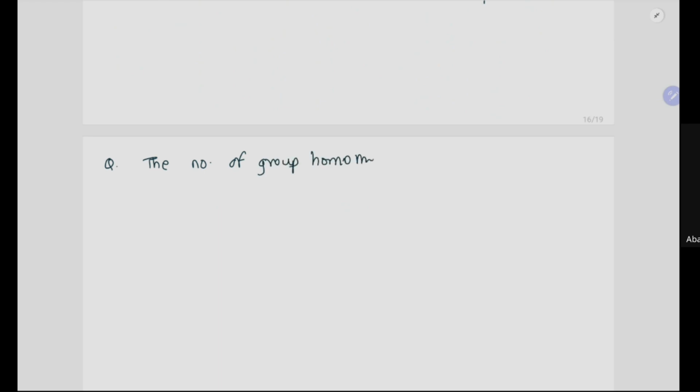And this is also one question related to this: can we give the number of group homomorphisms from this Z plus to Q star?